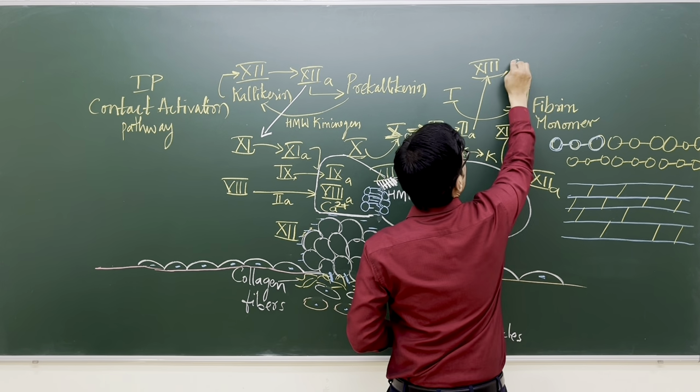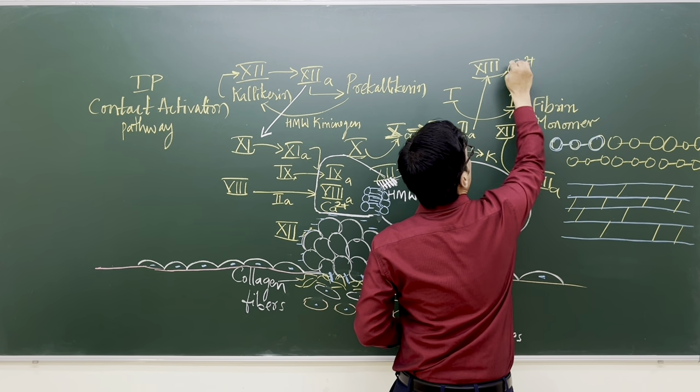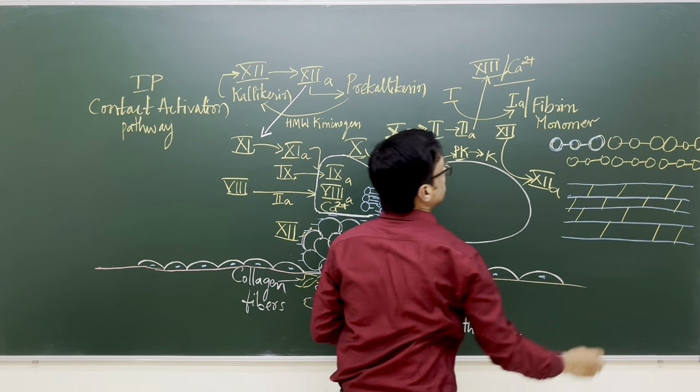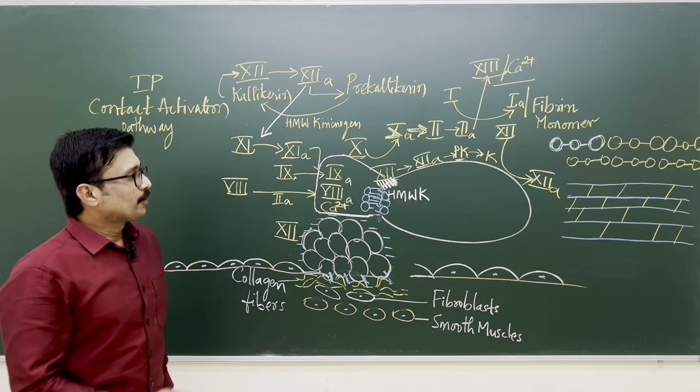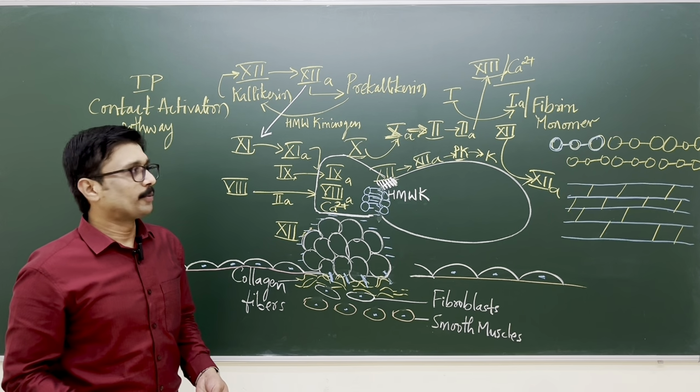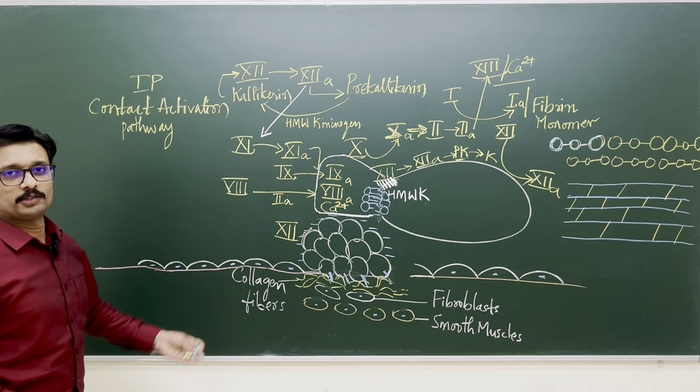And calcium is a cofactor along with factor 13 in cross linkages. So this is how the fibrin meshwork is formed by intrinsic pathway.